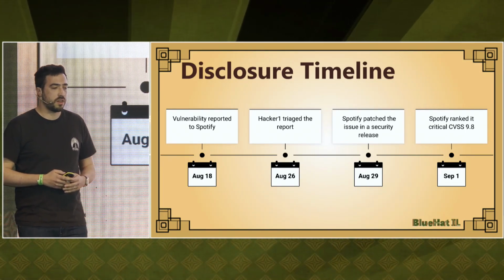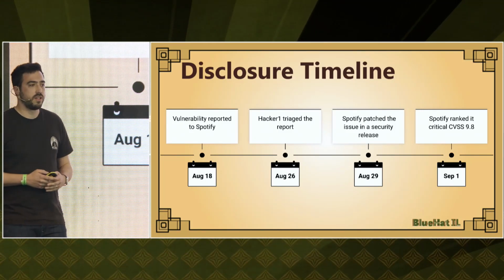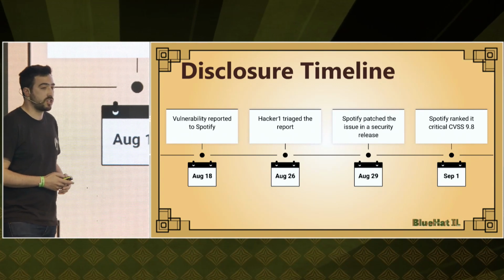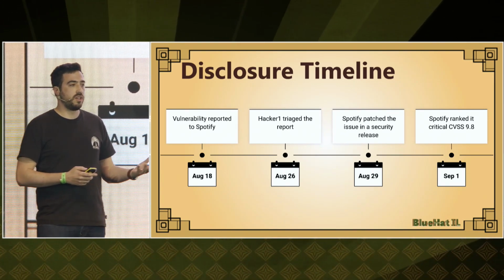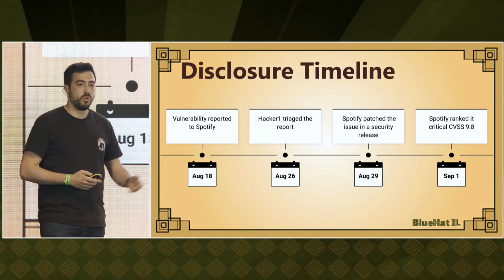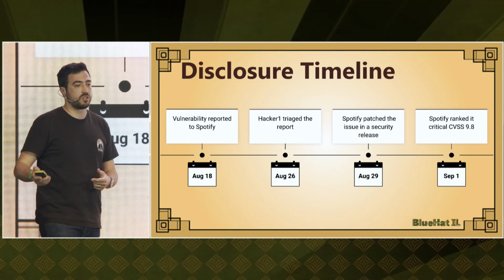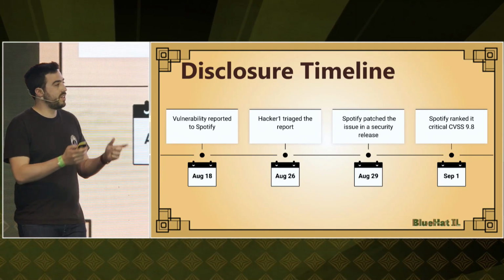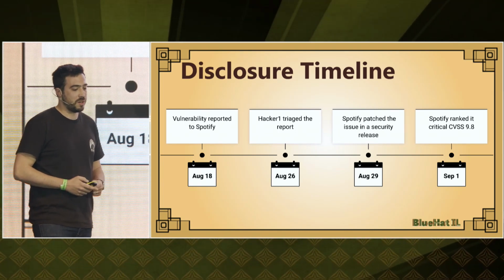And by August 29th, Spotify released a critical security release that patches the vulnerability we just showed. Because they only version bumped the VM2 dependency that we showed you was vulnerable, they gave it a CVSS score of 9.8, but the CVE that we showed you earlier has a CVSS score of 10. So keep that in mind.